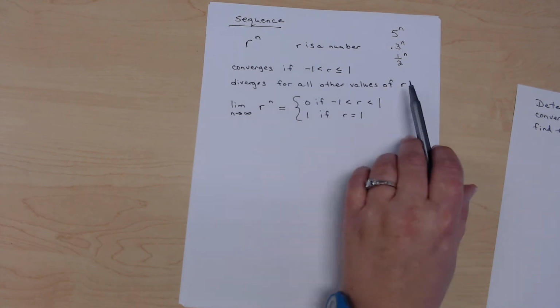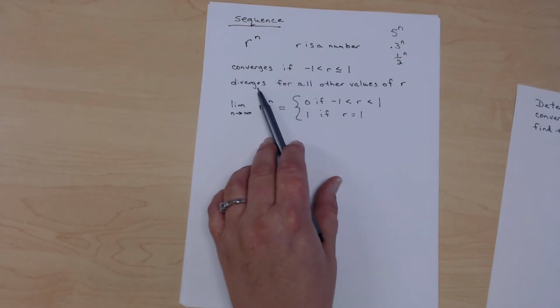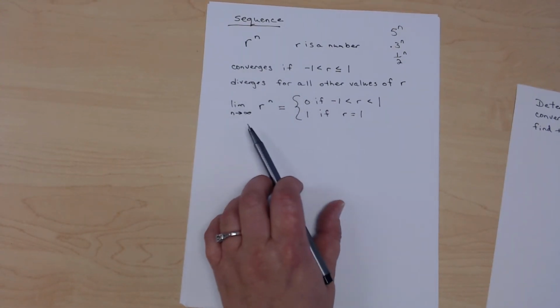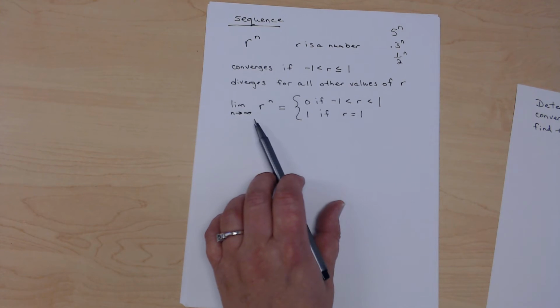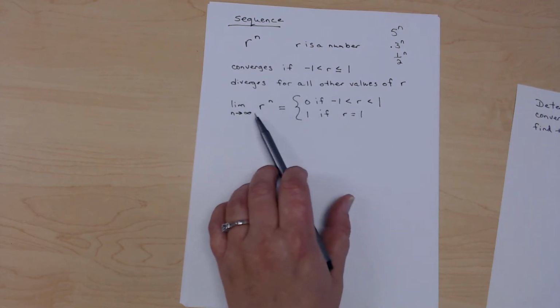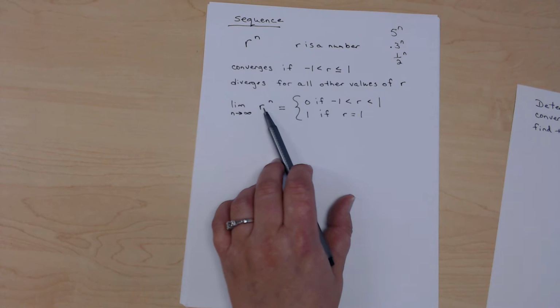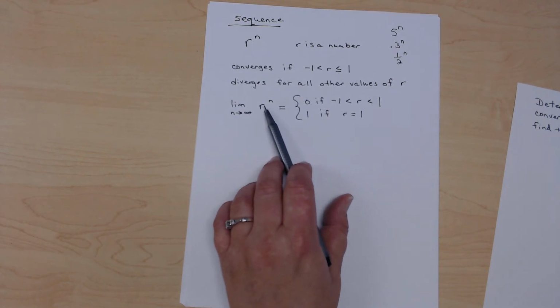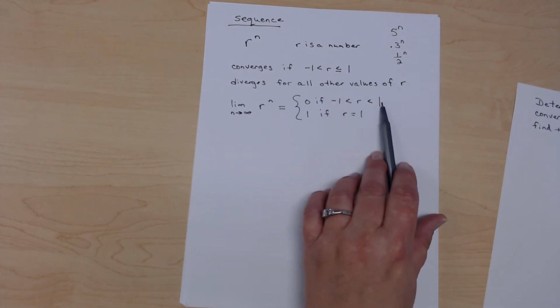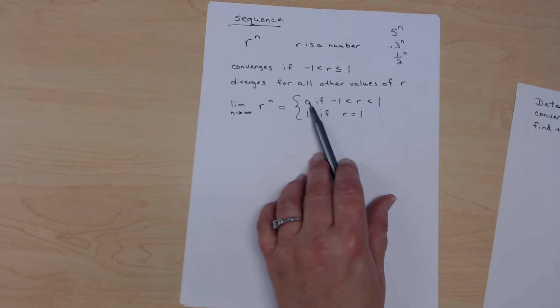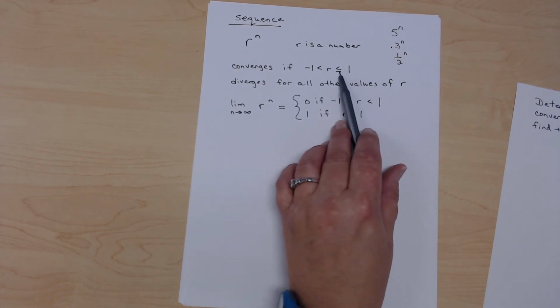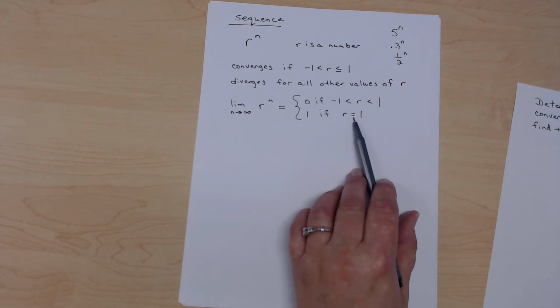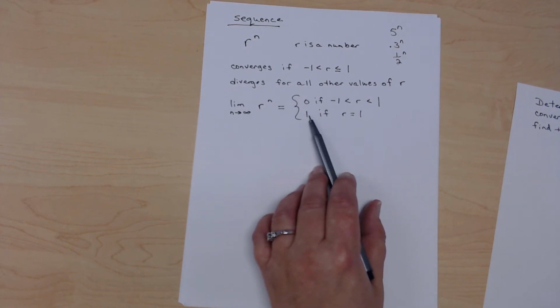If it's anything else, it diverges. And not only that, but then what is the actual limit? Because if it converges, we have to come up with the limit. If it's between -1 and 1, the limit's always 0, always. And then the only other option is if it happens to actually equal 1, then the limit is 1.